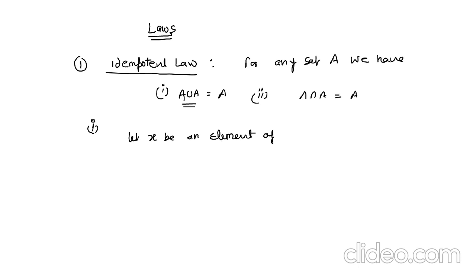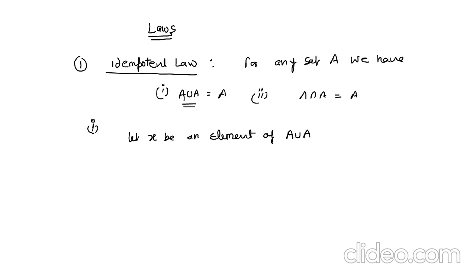So let x be an element of A union A. Our purpose is to show this element also belongs to A, that means the LHS part is a subset of the RHS part.